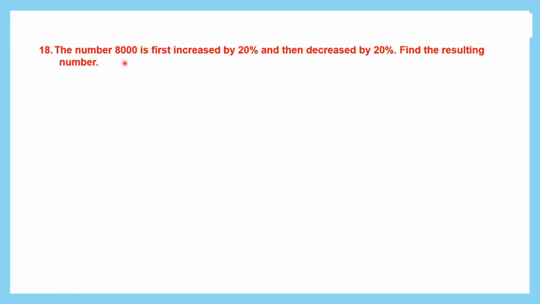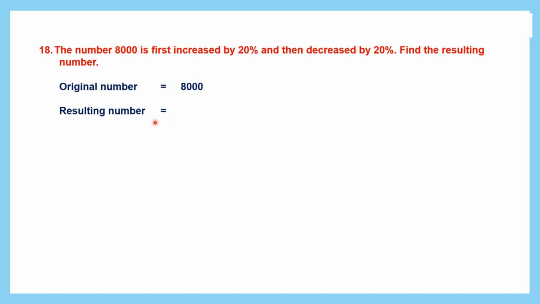Question 18. The number 8000 is first increased by 20% and then decreased by 20%. Find the resulting number. There are two ways of doing it. You can choose which is easy for you. First, the original number is 8000 and we are asked to find the resulting number.